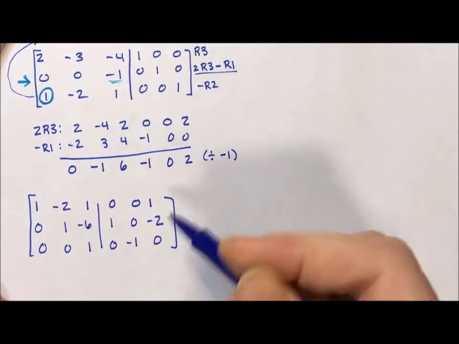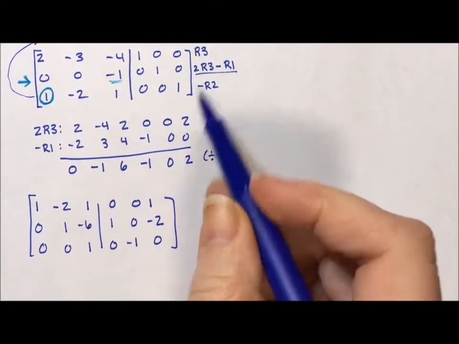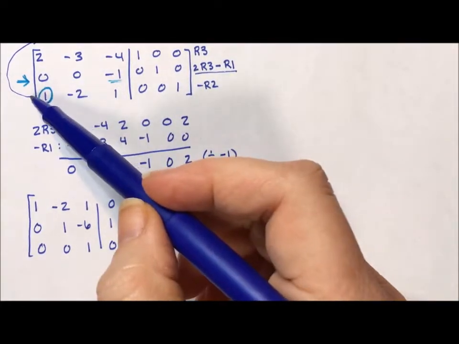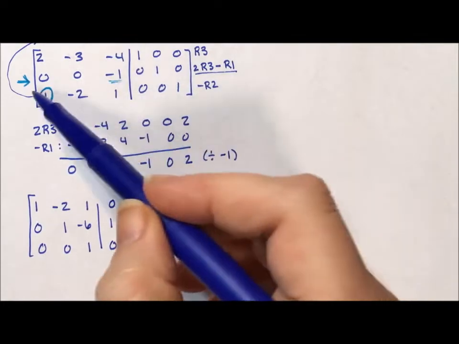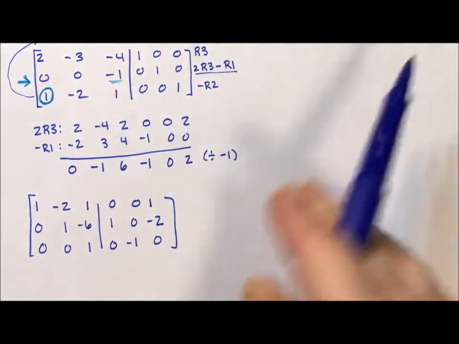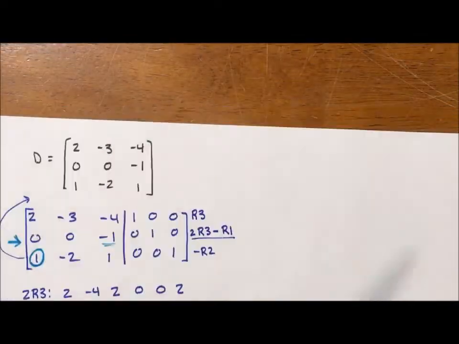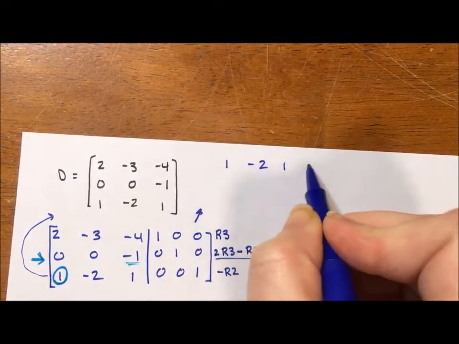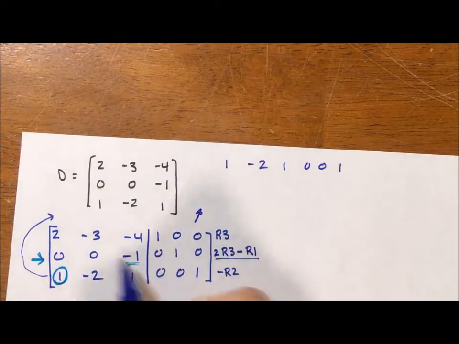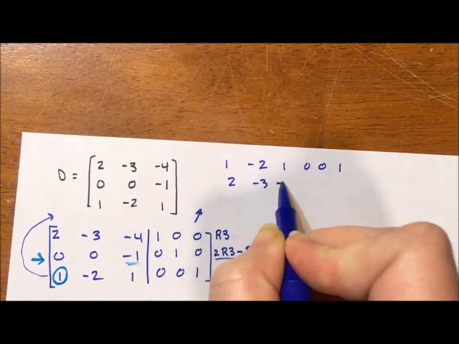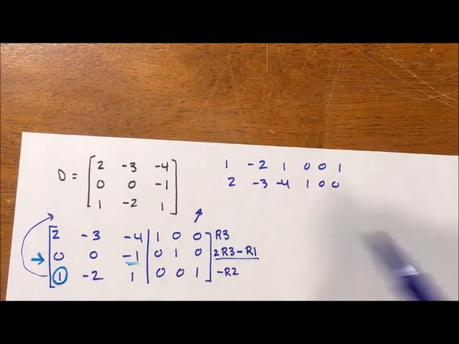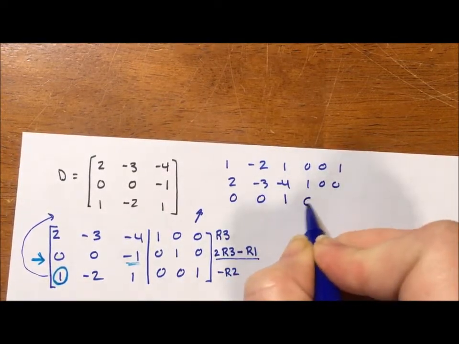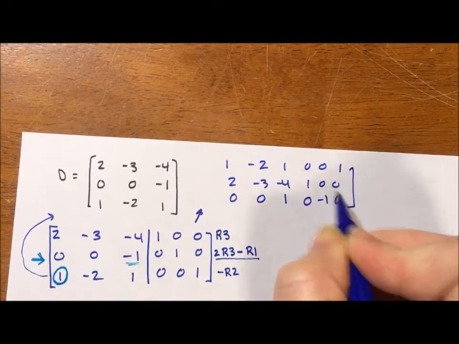Okay, I did a lot. If this is too much and you are looking at this like this is crazy, then rewrite this matrix instead of doing what I did. Just rewrite this matrix with the 1, -2, 1, 0, 0, 1 in the top row, the 2, -3, -4, 1, 0, 0 as the second row, and the 0, 0, 1, 0, -1, 0 as the third row.